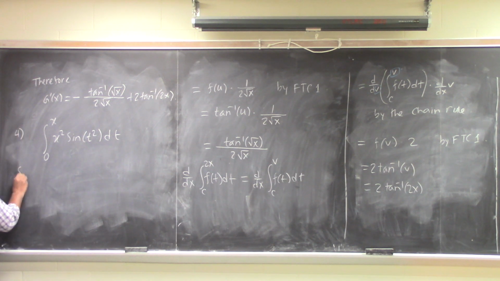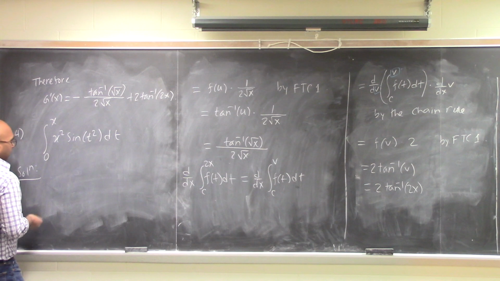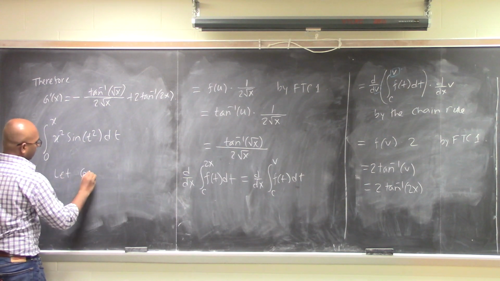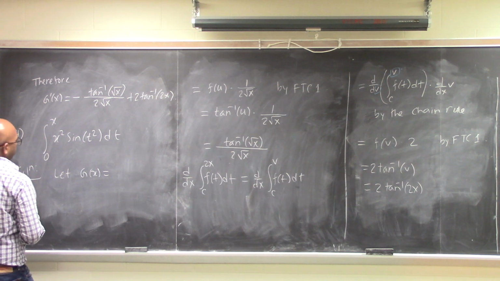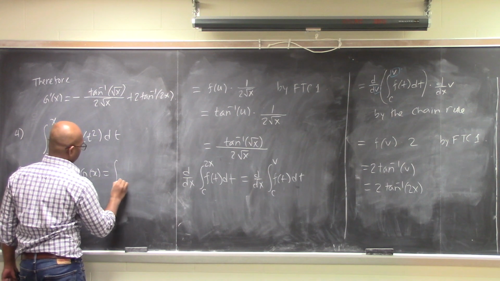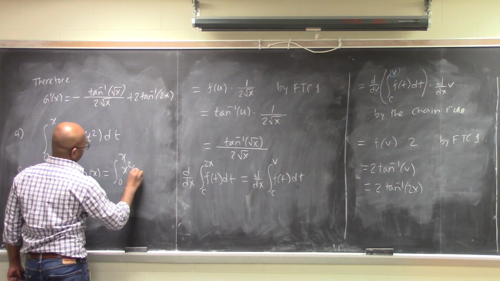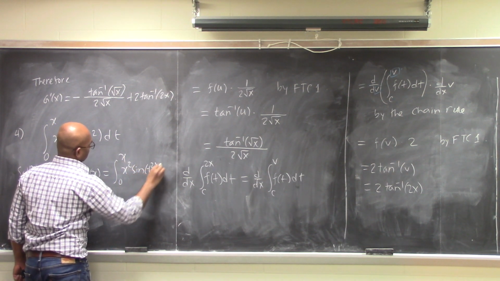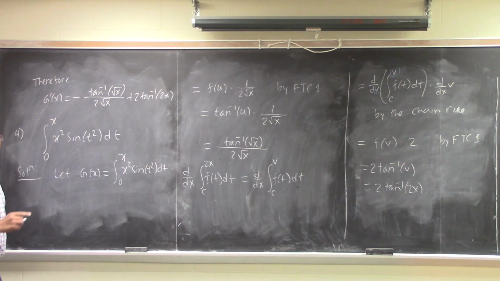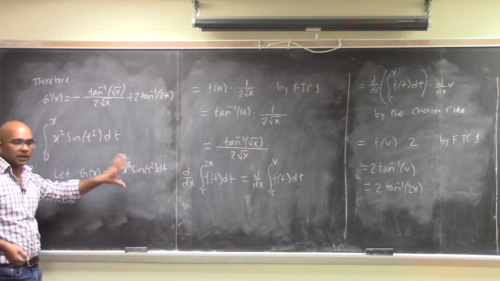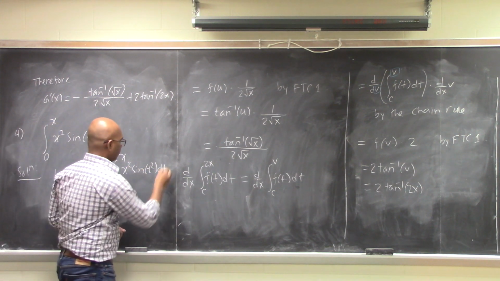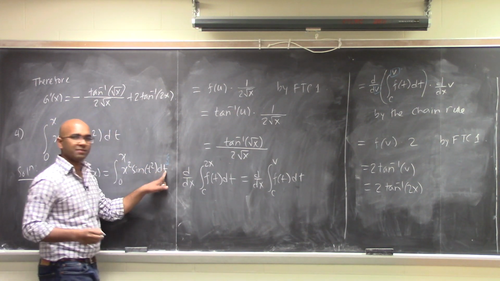Let's see. So solution, let's call this function g. Let g of x equal this guy. Notice there is something going on. This integration is happening with respect to what? t.